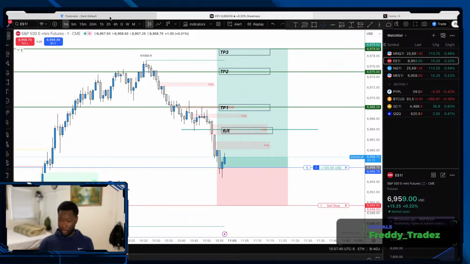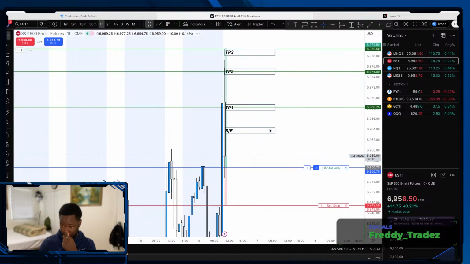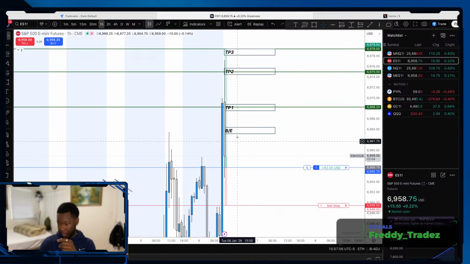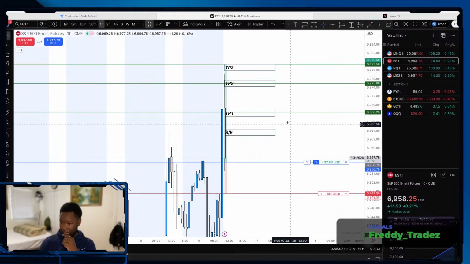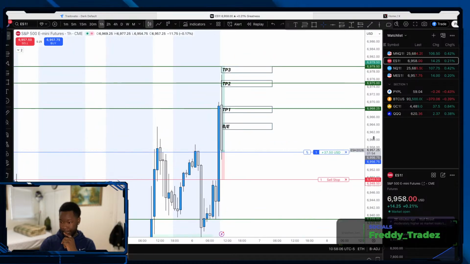Three minutes for the hourly closure. That would be key here. I would want us to not close strong bearish, right? So if we can close somewhere around here, the next hourly opens up, wicks down, and pushes around, and then we get a reversal back to the highs. That's what I want to see here. So let's see if we can get that.